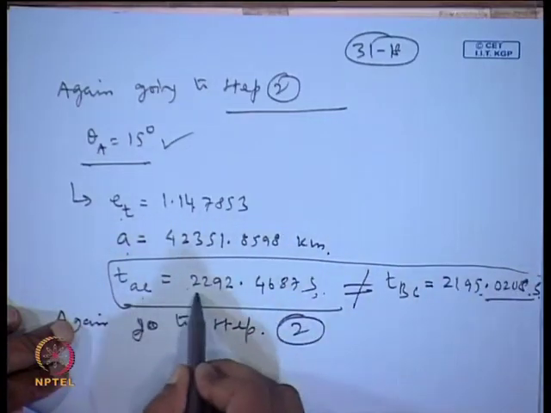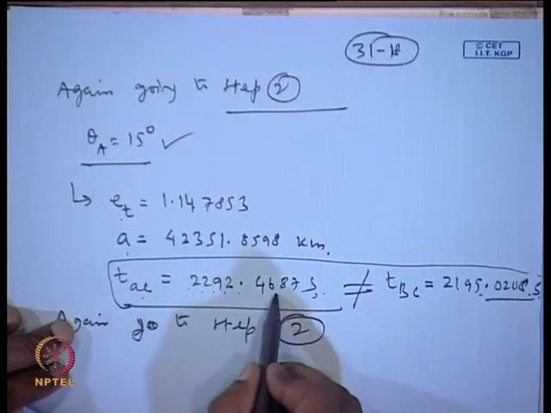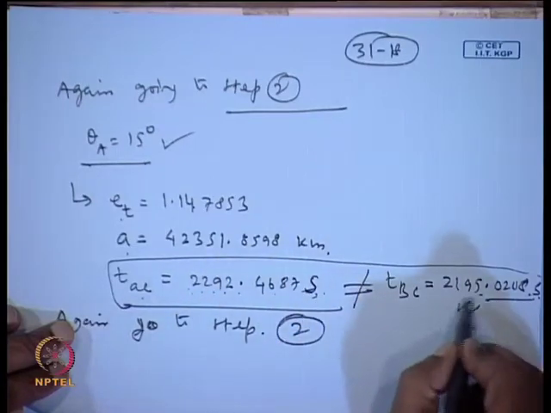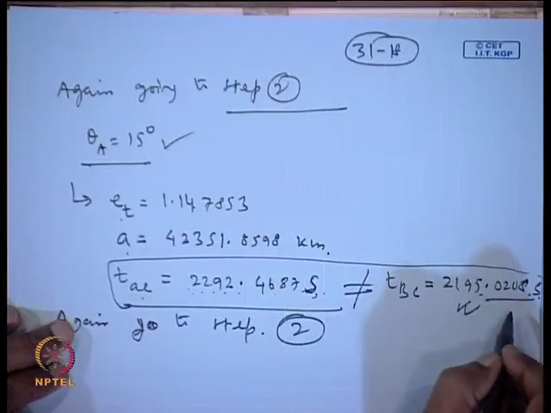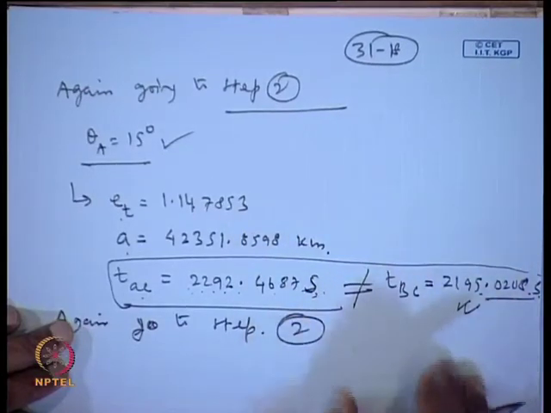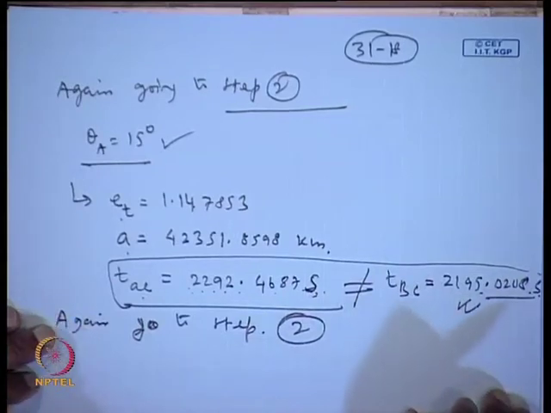This T a c is coming 2292.4687 seconds, while the original value is 2195.02 seconds. So, a little bit of difference is there. We will be able to close this difference in the next lecture. So, we will continue in the next lecture. Thank you very much.